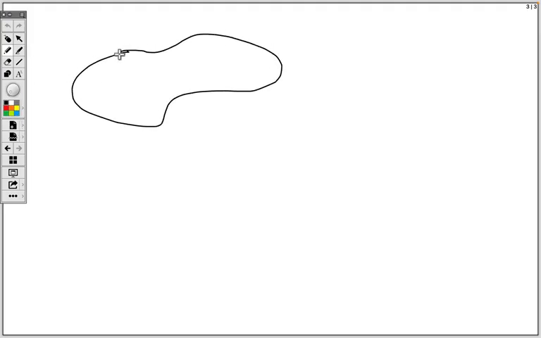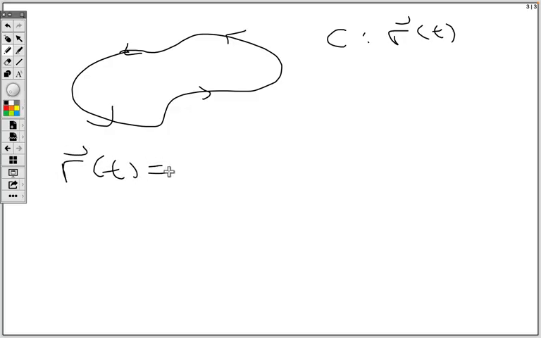So, let's say we got a simple closed curve here, parameterized by an r of t. And if we write that parametrically, we got our x of t and y of t.